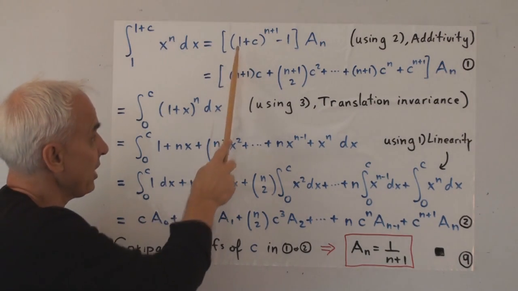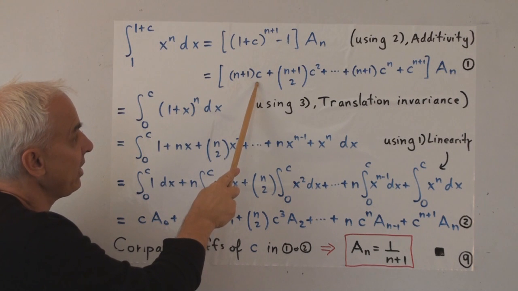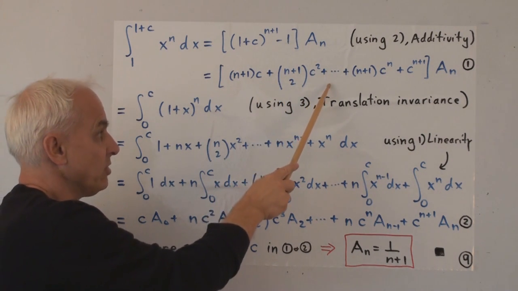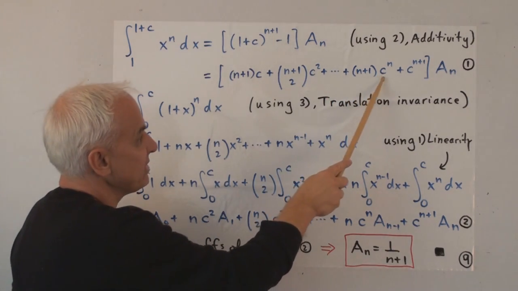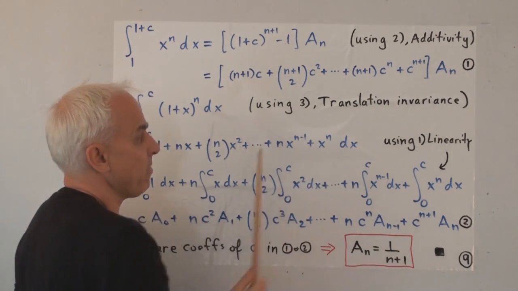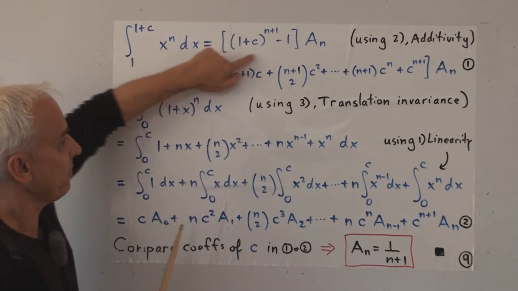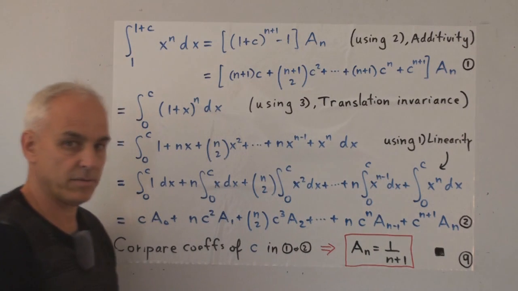So the first term, which would otherwise be 1, is removed, and then the next term is n plus 1 times c, and then n plus 1 choose 2, c squared, and then n plus 1 choose 3, c cubed, and so on, all the way up to n plus 1 times c to the n, and the last term just c to the n plus 1 by itself. That's the expansion of the binomial theorem of just that. And we still have to multiply everything by A sub n.